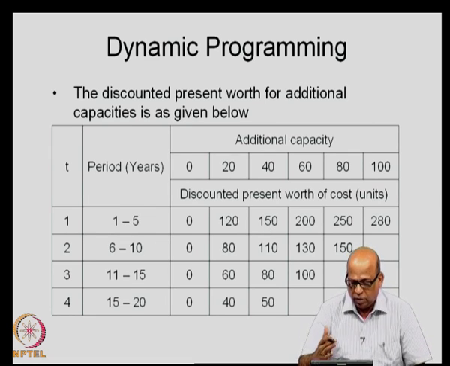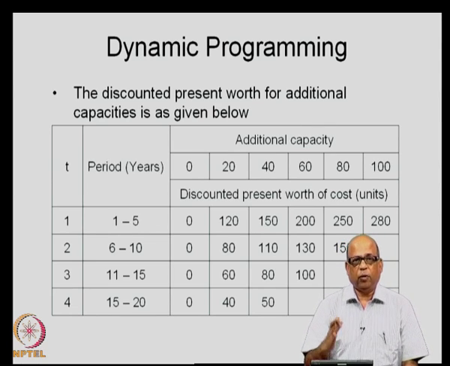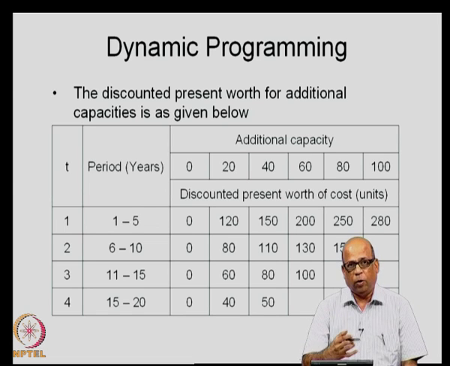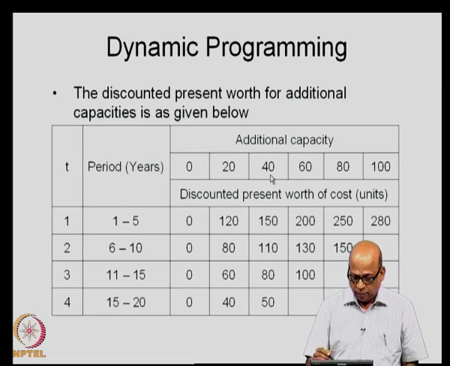The first 5 years you have not spent, and you are going to spend it at the beginning of the sixth year. This money is with you now, you have not spent it, and therefore this value will be lower and lower as you progress more into the future for the same amount of money. So, for the same capacity expansion, as you progress in time, these values are small. Anyway, these are subtleties that you do not worry about right now.